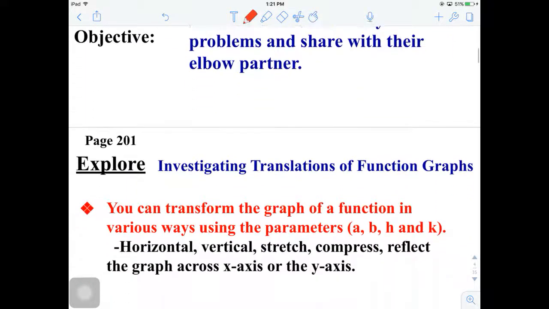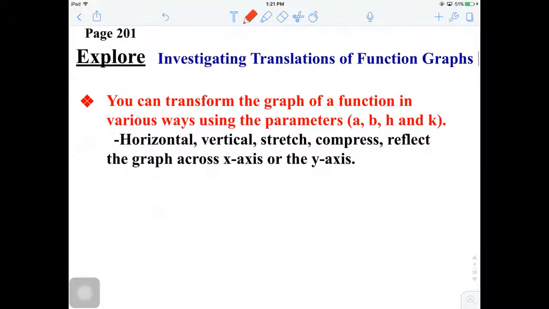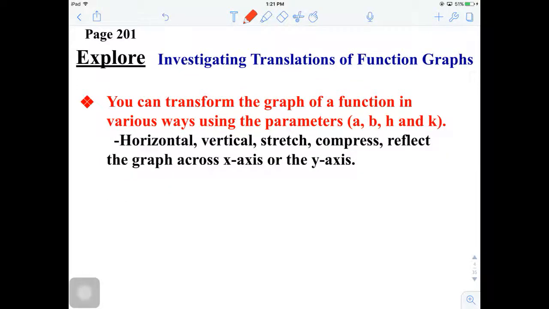So let's take a look at the idea of translation in function graphs. A translation is when you actually move the graph, like up or down. You can shift it horizontally, which means to take a graph and shift it this way, so it's going to be here instead of over here.